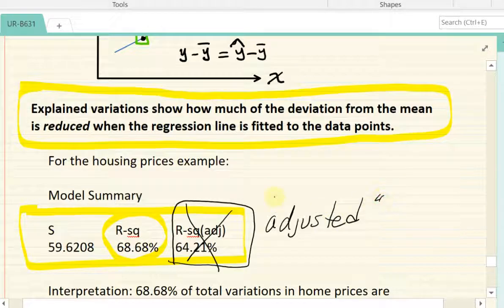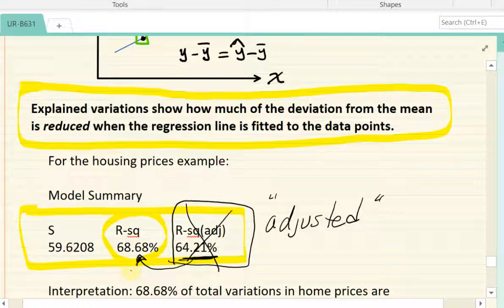Well, what are we adjusting for? This R squared keeps track of how many independent variables are in your model. With multiple regression, we could have multiple independent variables, so that's why it comes in handy. If we have too many independent variables, then we will actually get penalized for it, and this number will be much different, typically lower, than this number.